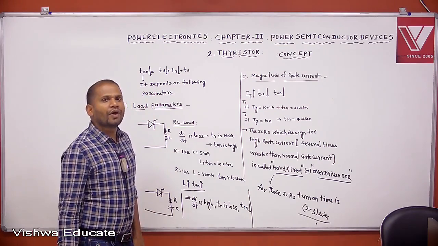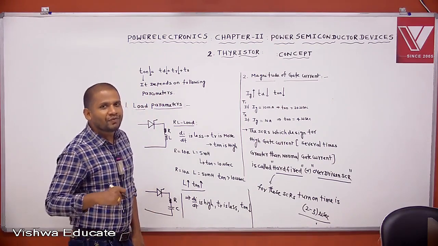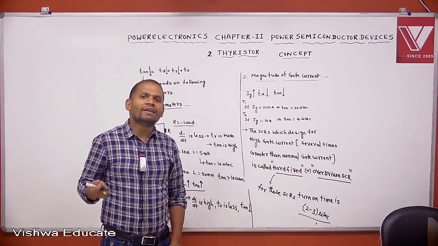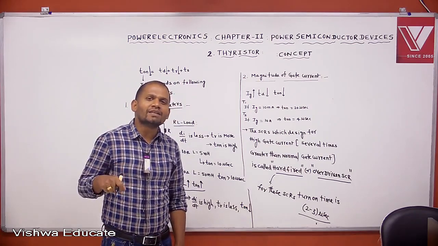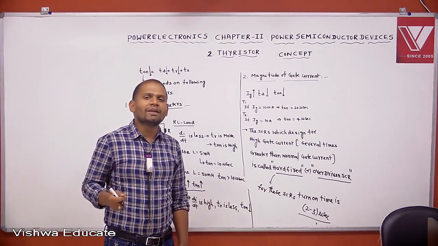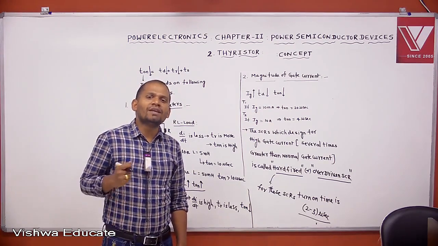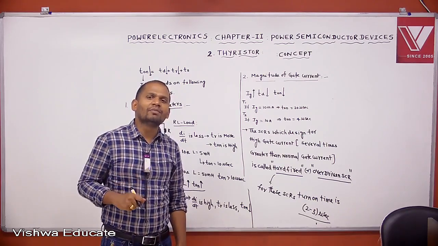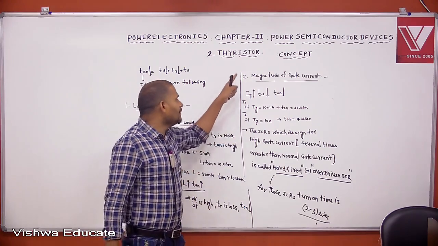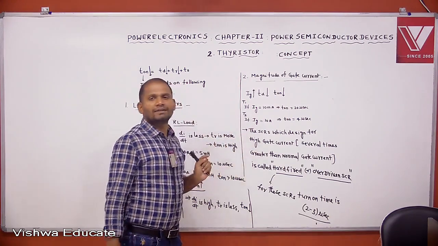The name hard-fired itself indicates that we are doing hard firing. Hard firing in the sense we are triggering the thyristors with high gate current. Those thyristors are nothing but overdriven SCRs. For these thyristors, the turn on time is 2 to 3 microseconds. Okay, like this, it depends on the magnitude of gate current.